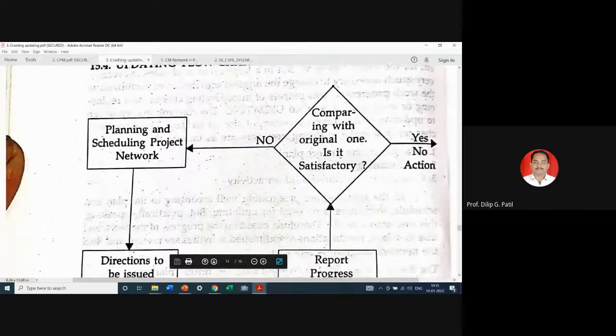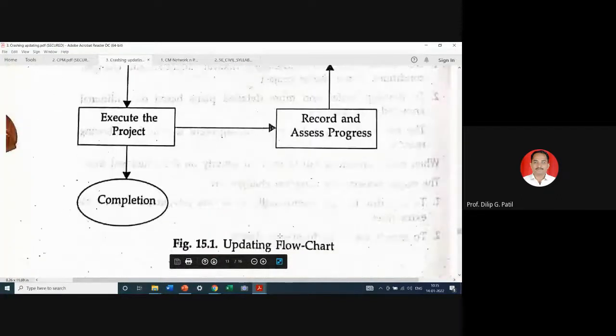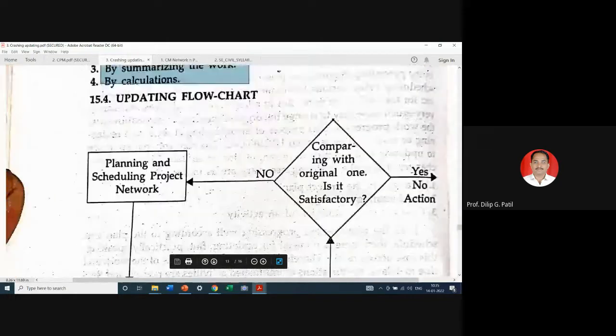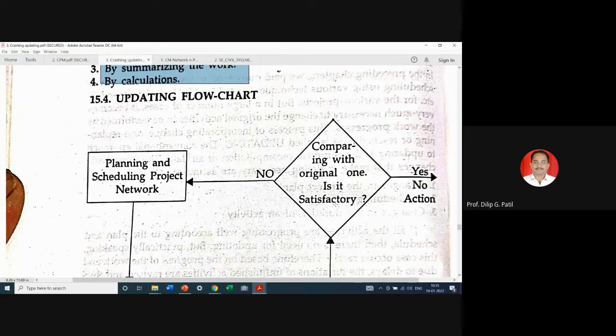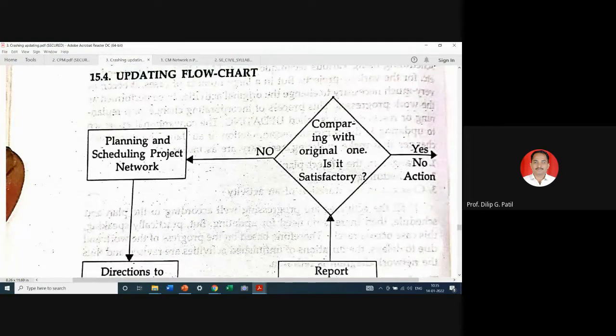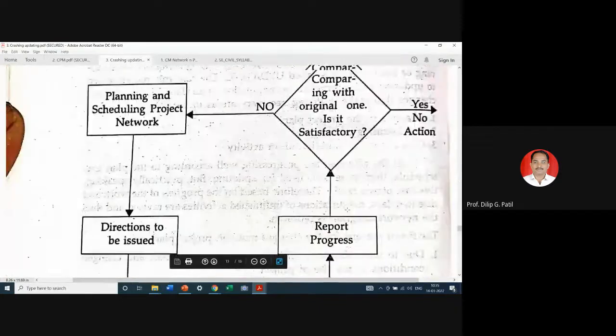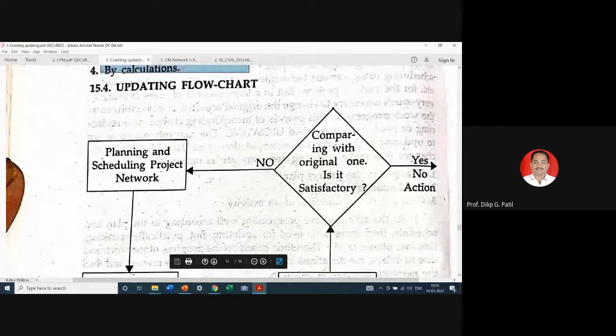So if we check, this is a flow chart related to completion of the project. The first point will be comparing with the original one. Is it satisfactory? If we compare the progress of the project, and we find that the progress is not satisfactory, what can we do?